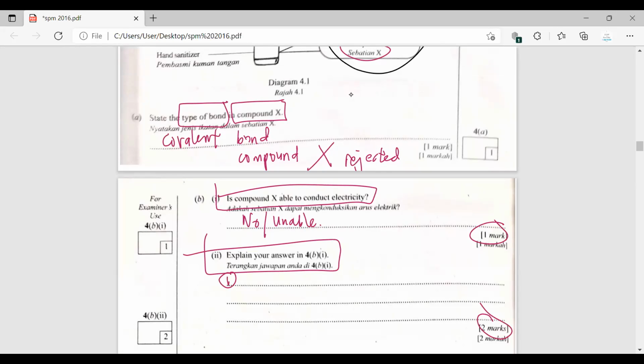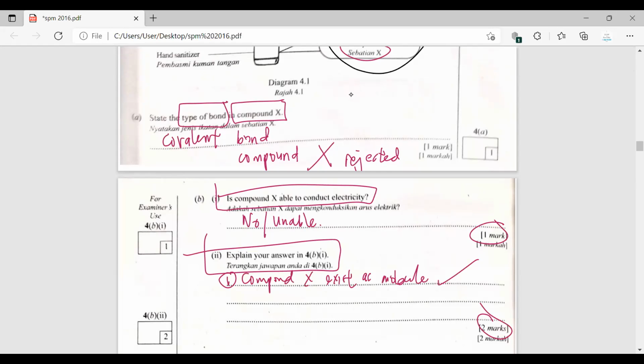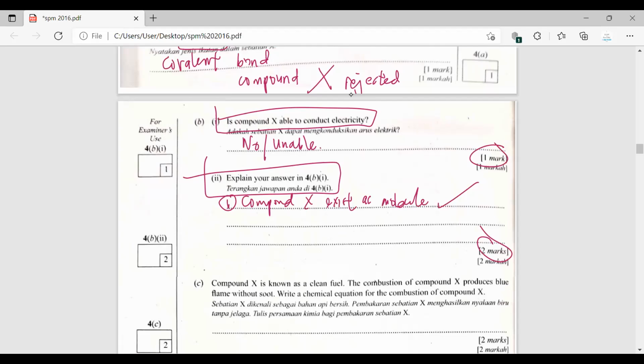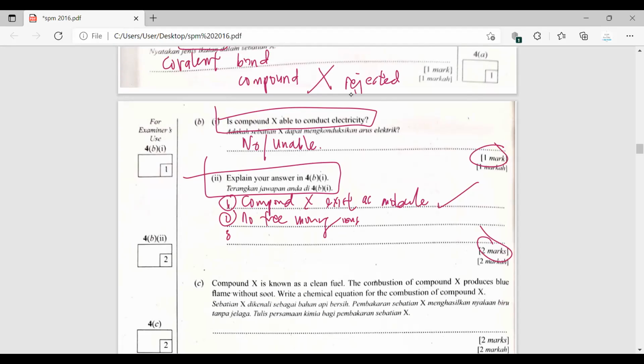So all of you writing down there, compound X exists as a molecule, but this is not the complete information that I want. If it doesn't exist as a molecule, so? No free moving ions. Excellent. You already have no free moving ions. I think you all know this already.